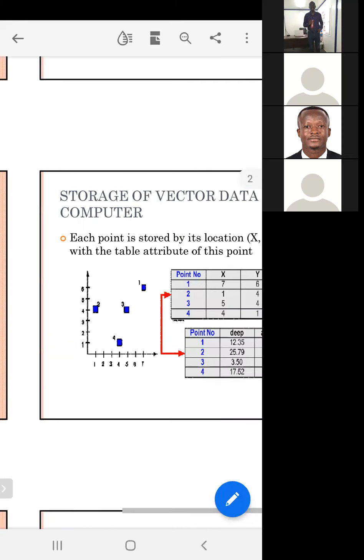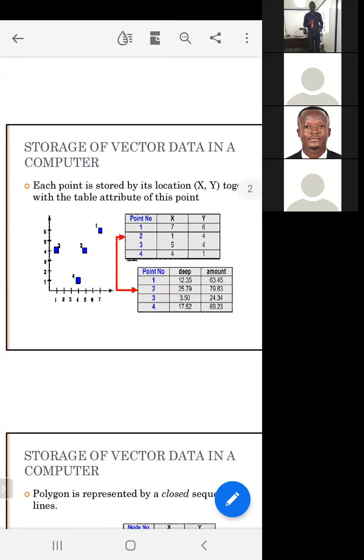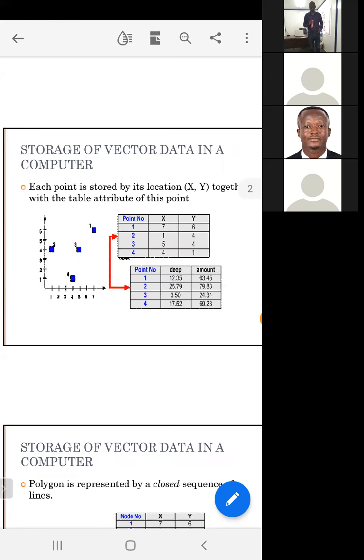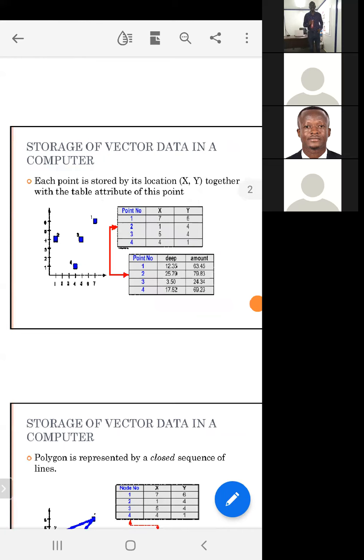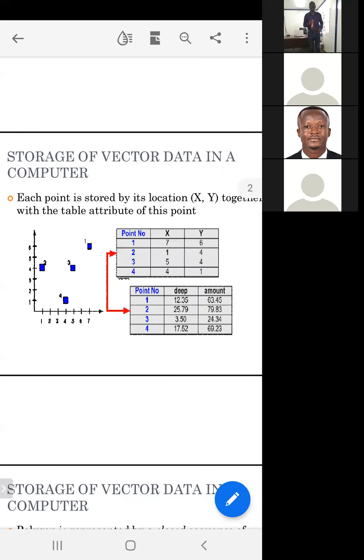The structure is what's implemented in the computer. So this is how the computer actually stores vector data. Each point is stored by its location, X, Y, the coordinates, together with a table of the attributes of this point. So when you look at this table, point number 1 is stored at location 7, 6.